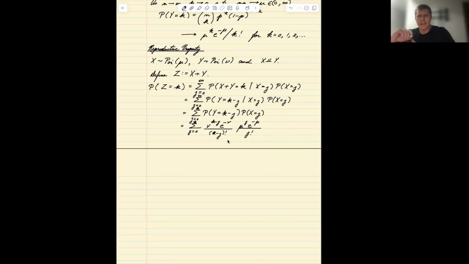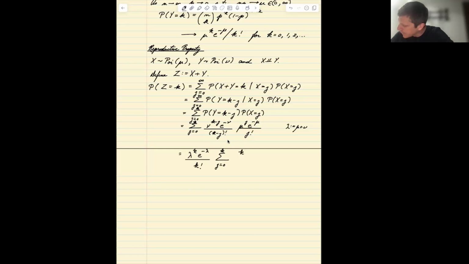So now let's think about this. Let's define a value lambda to be mu plus nu. And let's think about pulling out lambda to the K, e to the minus lambda over K factorial. If we pull that out, we have to put everything in its reverse order.